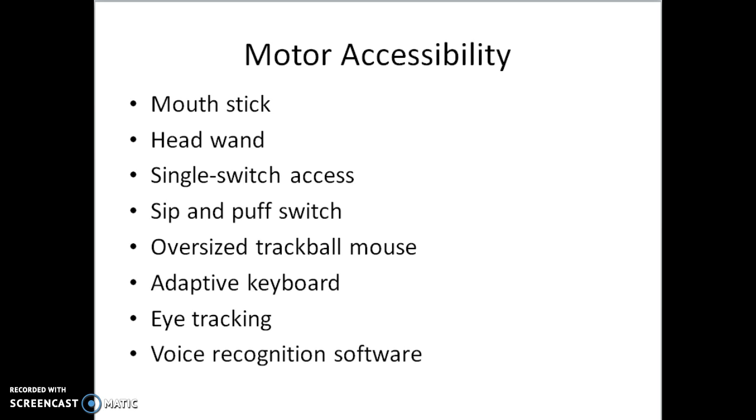An oversized trackball mouse is just basically a humongous version of a normal mouse, which is ironically the only tool that people even without disabilities will probably use because, well, it's a giant ball with a bunch of the same buttons that a mouse almost normally has. So some people probably will use the oversized trackball mouse, or an adaptive keyboard to help them be able to understand. And if they can't do any of that, but they can speak fine, voice recognition software is always available.